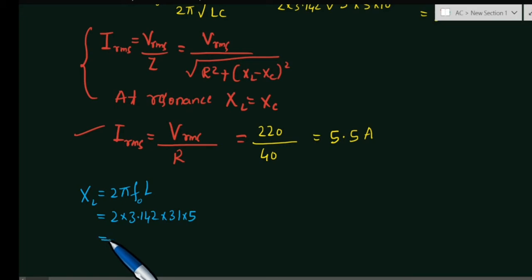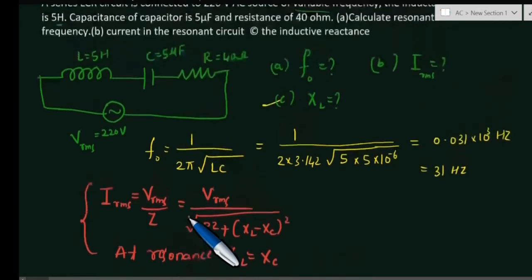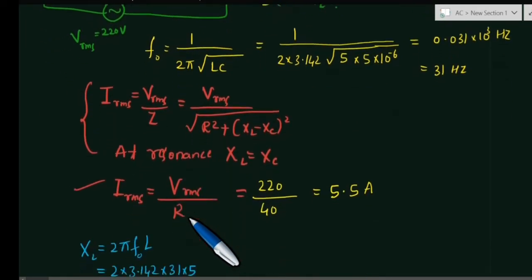So if you calculate it, the value comes out to be 0.973 into 10 to the power 3 ohm, or 973 ohm, and this is the value of XL. So next question we will see.